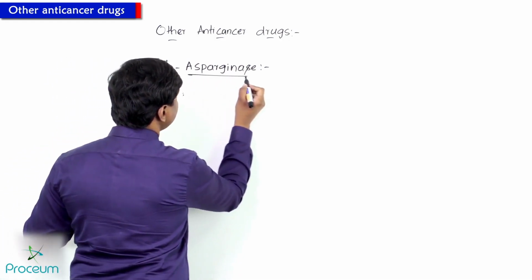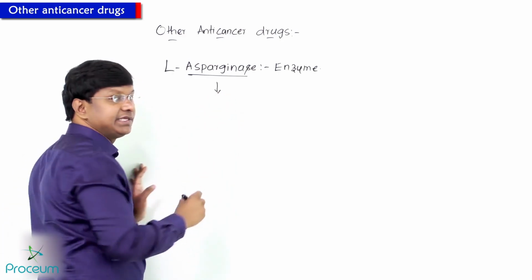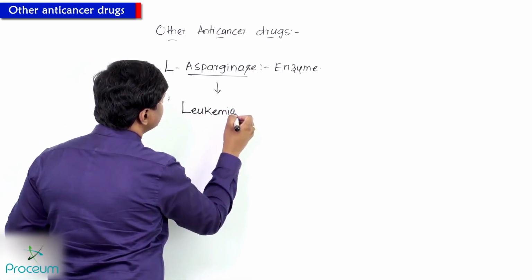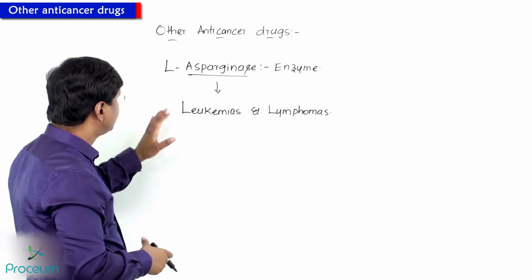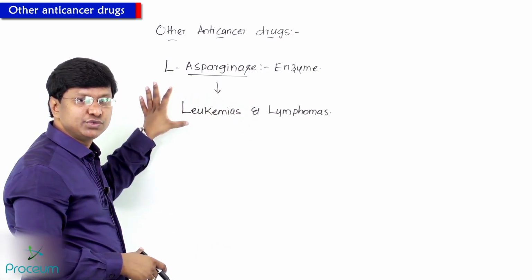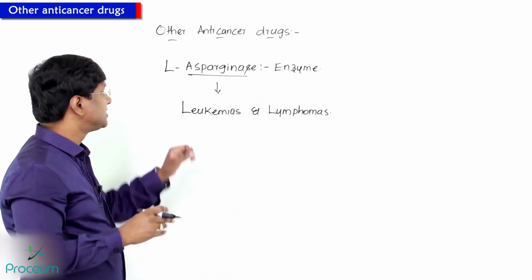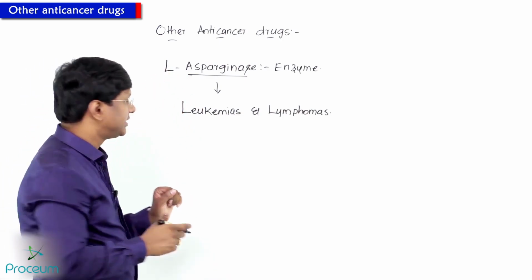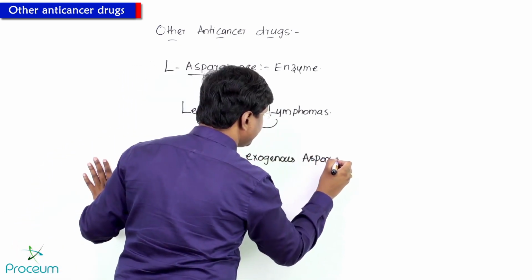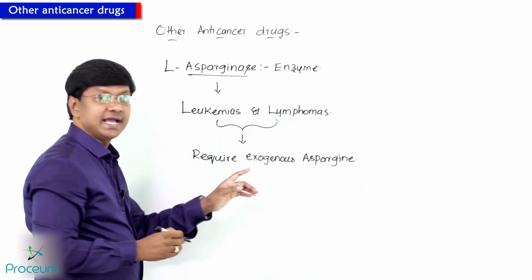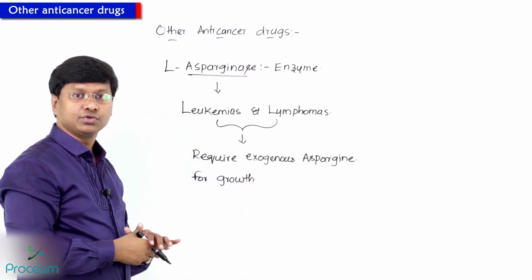Now, these two tumors, leukemias and lymphomas, require exogenous asparagine for their growth, right, for growth of the tumor.